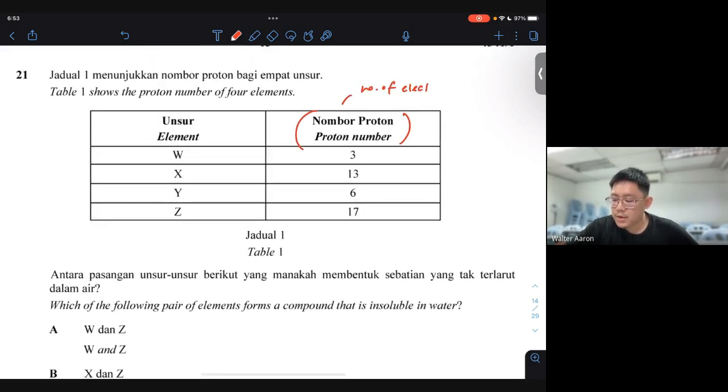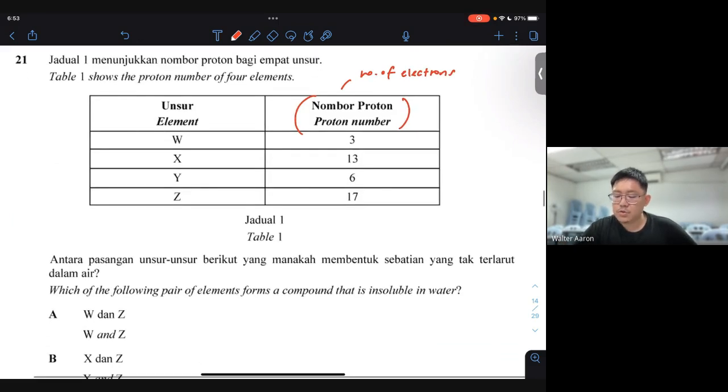Right now W has 3 electrons, X has 13 electrons, Y has 6 electrons, and Z has 17 electrons. So the electron arrangement of W will be 2, 1, X will be 2, 8, 3, Y will be 2, 4, and Z will be 2, 8, 7.